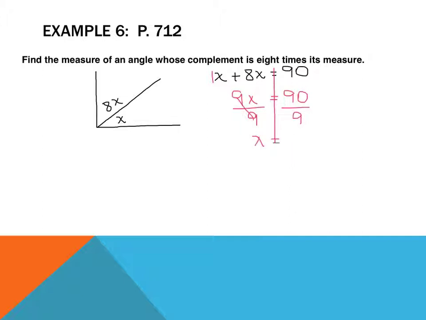And I get x equals 10. So if x is 10, then 8x is 80, which is 8 times its measure, and 10 plus 80 is 90. So I just kind of went back in to check it and make sure that the answer I got made sense with the problem that they gave me.